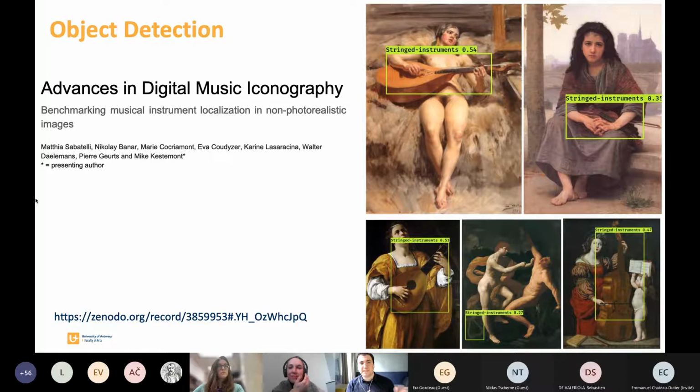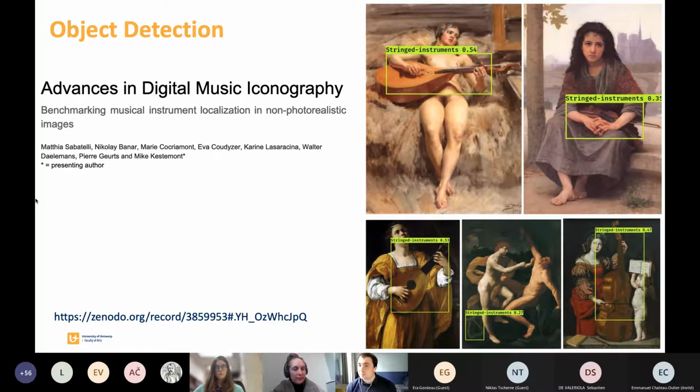So until now, all the tasks I talked about were image classification tasks. But now we can also see object detection tasks, which do not identify or classify an image on the image level, but in fact try to find specific objects in an image and then classify what these objects are.